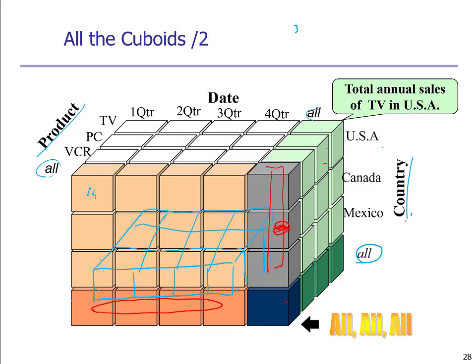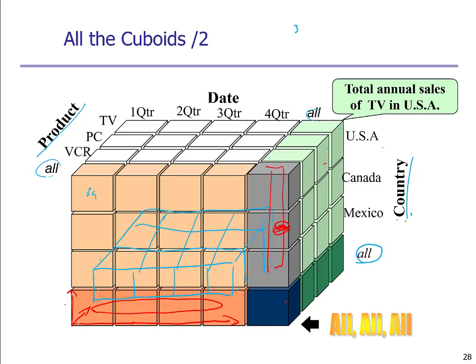For example, on this dimension, it only has 1 cell, right? And on this dimension, if you can imagine, it only has 1 cell as well. But in this dimension, it actually has more than 1. All right, and this dimension is the dimension of date.